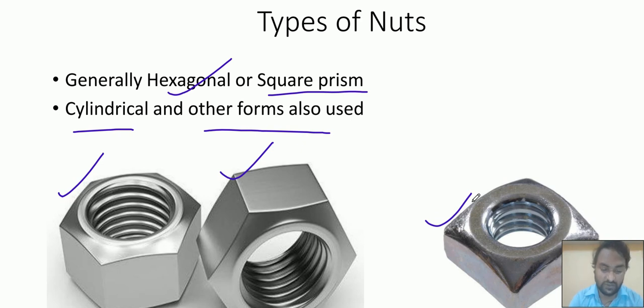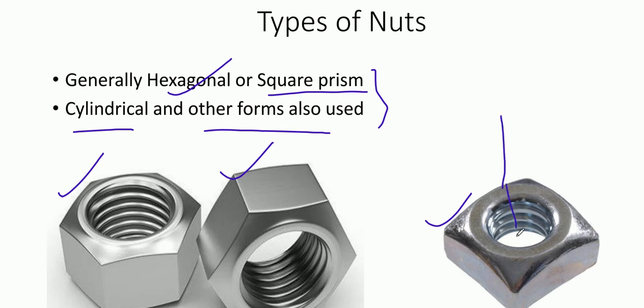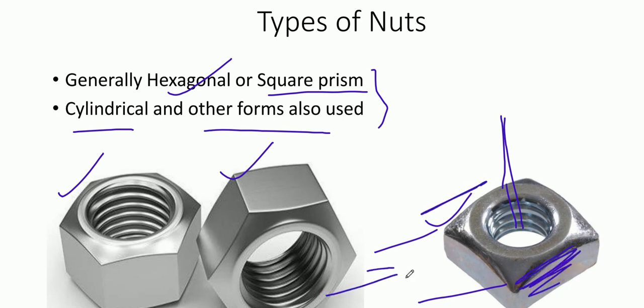Why these two types of nut? Let us see how to rotate the square nut. Suppose this is the axis of the bolt. If you are going to screw it, this is the right side face, and if you observe from this side, this one is the left side face.